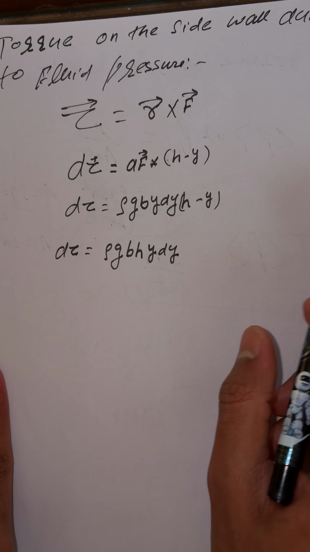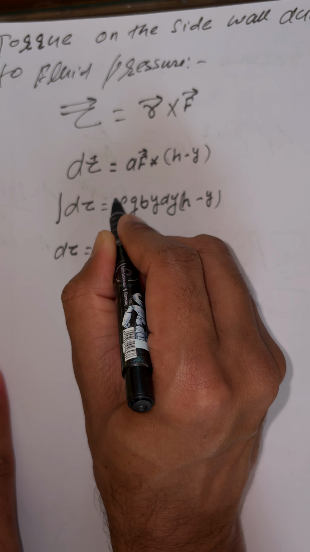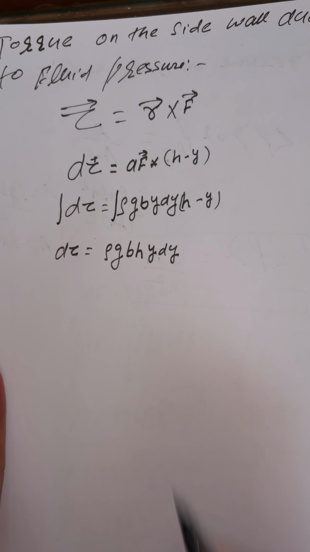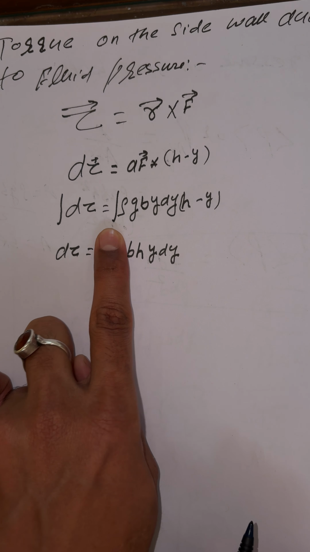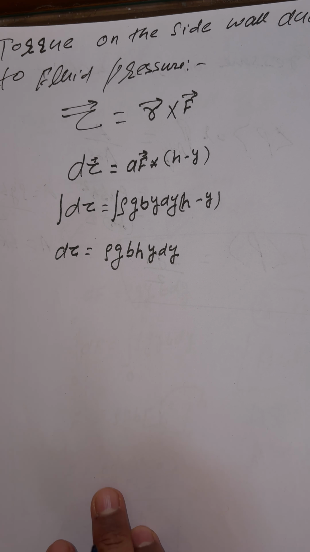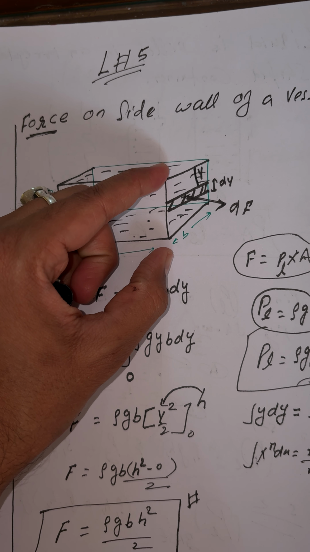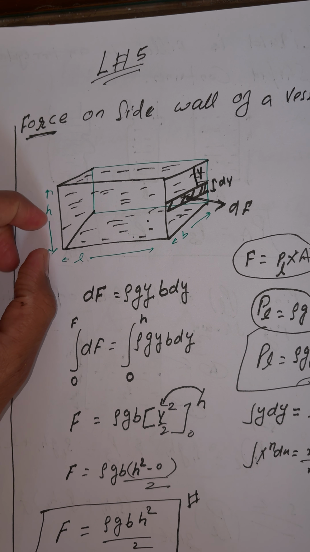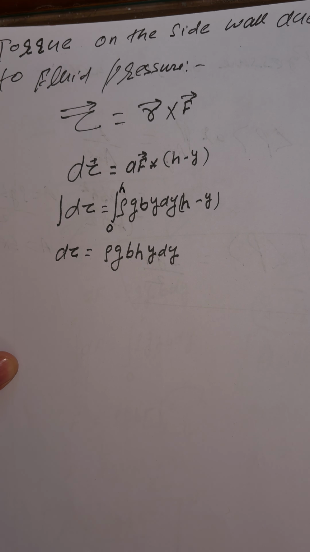We wish to find the entire torque, so we have to apply the tools of mathematics, that is integration. Students, what limit can we apply? Because we took the element in the vertical direction, the limit as usual, my dear, is 0 to h, right? So students, here you can write the limit as usual 0 to h only.